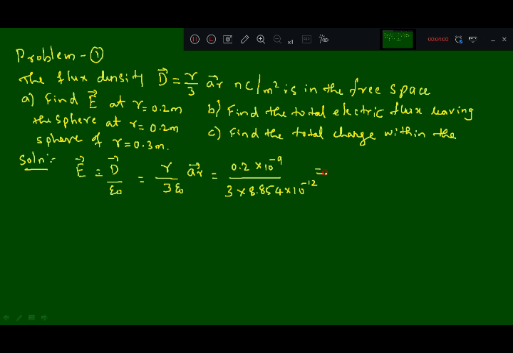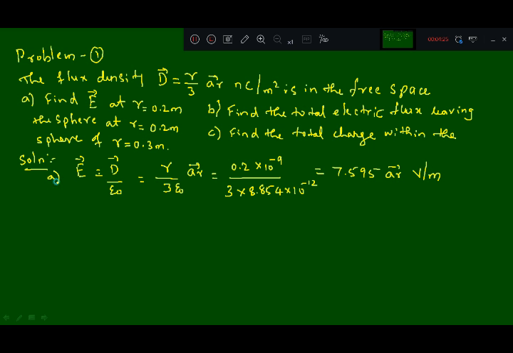The answer we get is 7.595 a_r. The unit of E is volts per meter. So this is the E value we got. This is the solution for A.